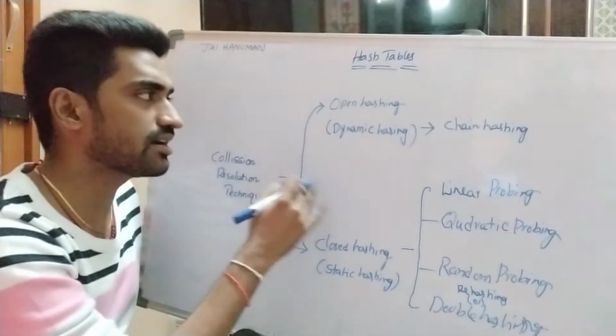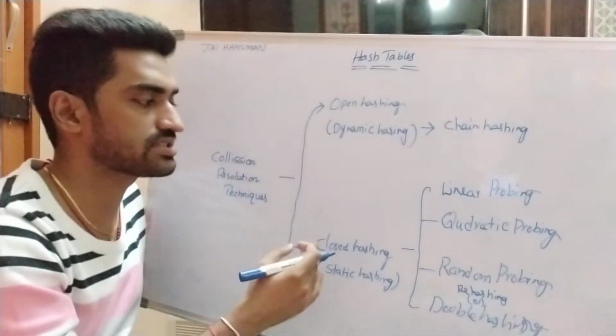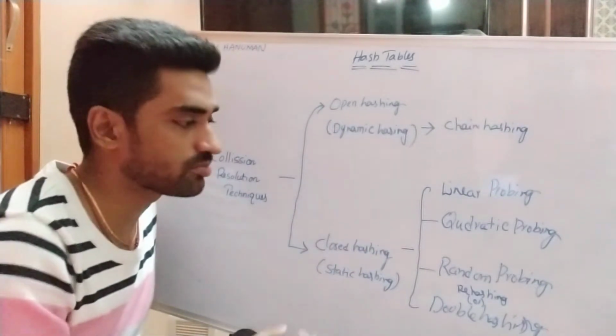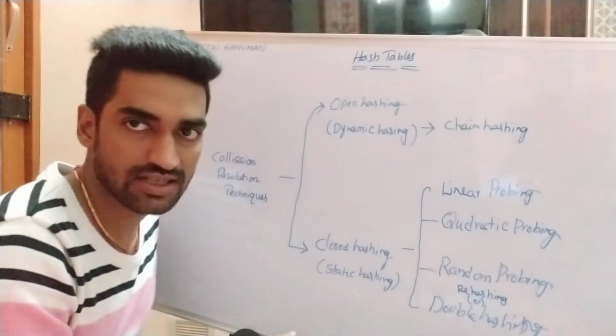So we will discuss one by one: what is chain hashing, and what are linear probing, quadratic probing, random probing, and double hashing or rehashing.